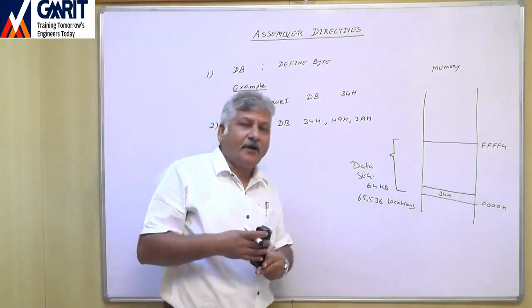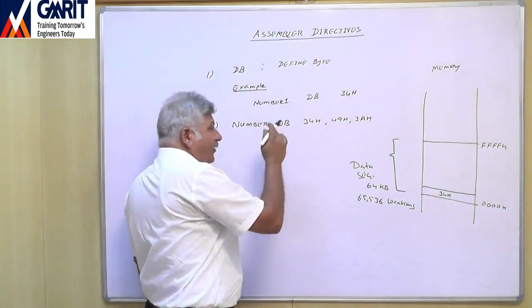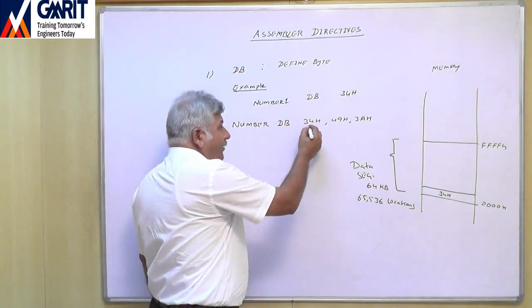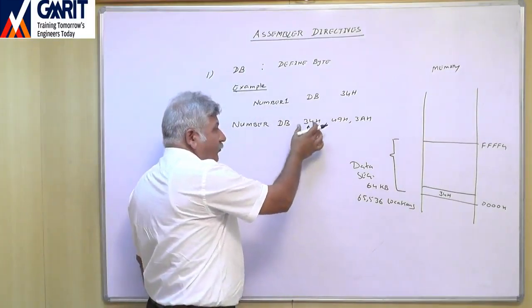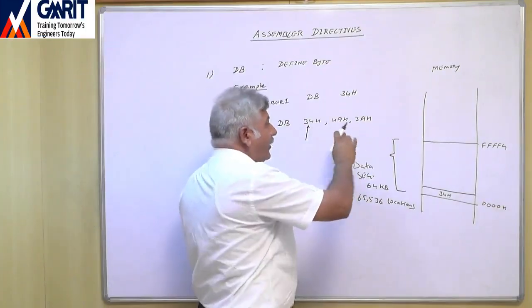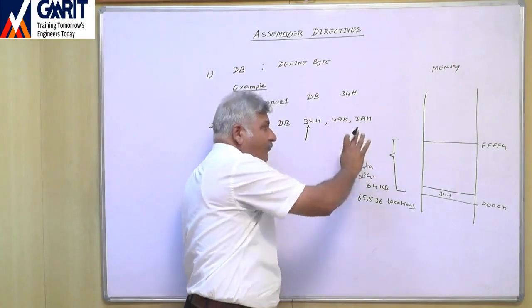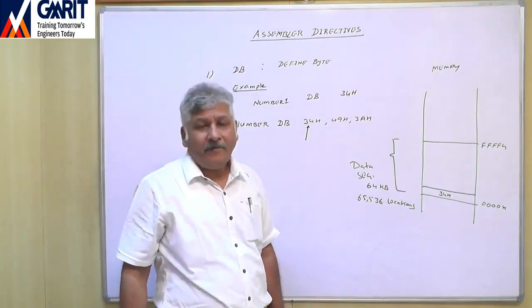While assigning the offset addresses, the assembler will first assign the first offset address to the first byte, and the next offset address will be utilized for the next byte, and then the next offset address will be assigned for the next byte, right?